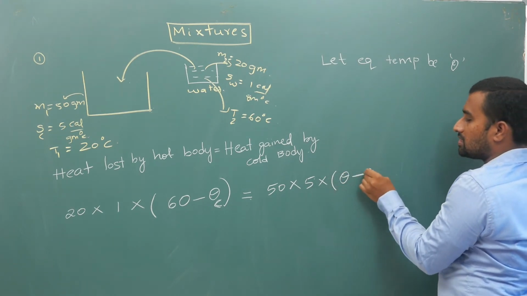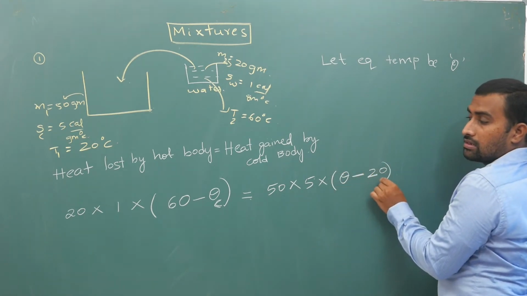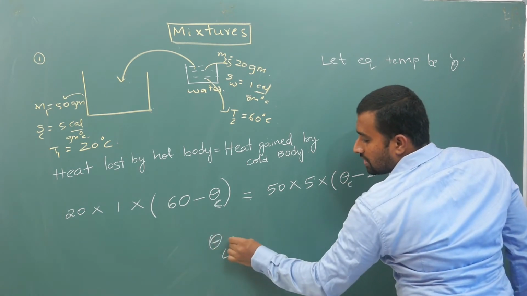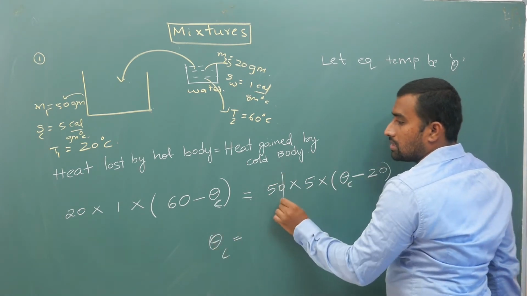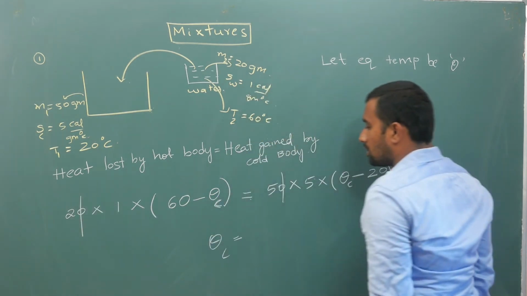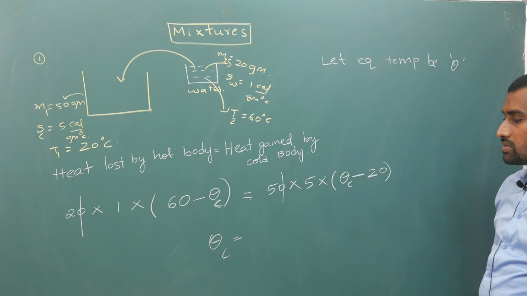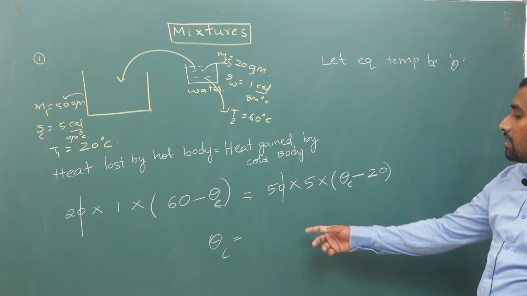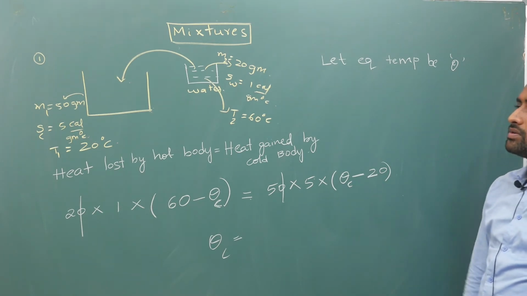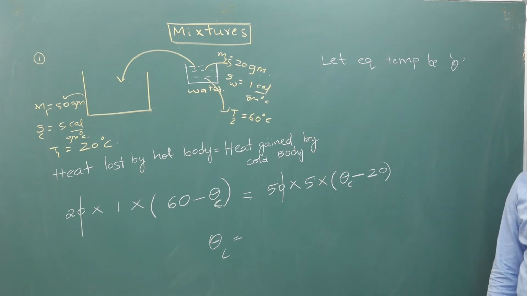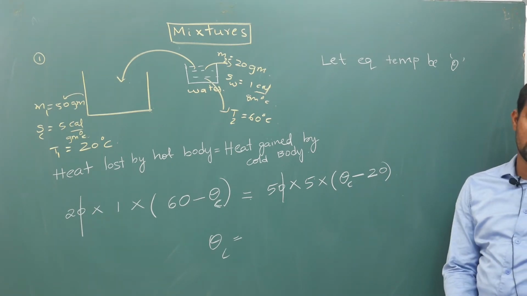So theta minus the initial temperature, 20. This theta is common, so from here cancel off the common terms. Then 25 into theta minus 20 is equal to 2 times 60 minus theta. Simplify and get the value of theta, that will give you the required equilibrium temperature. So this is what you are supposed to do for mixtures.